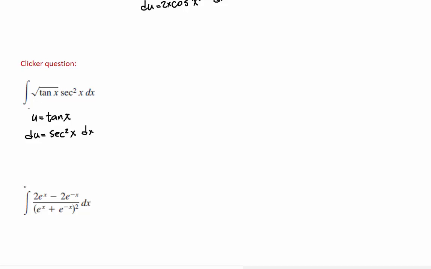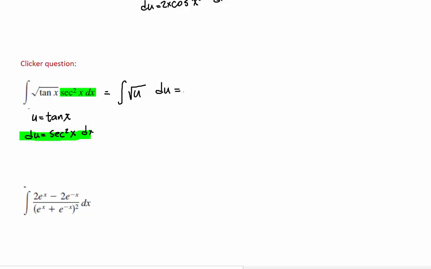And you see how in this case it's straight up what we needed. I get secant squared dx right there, and then I get the square root of u du.